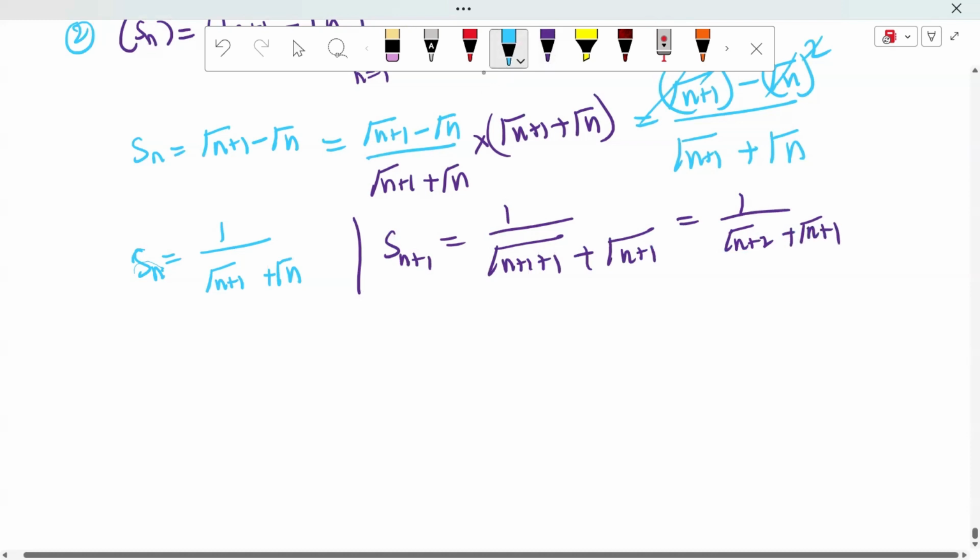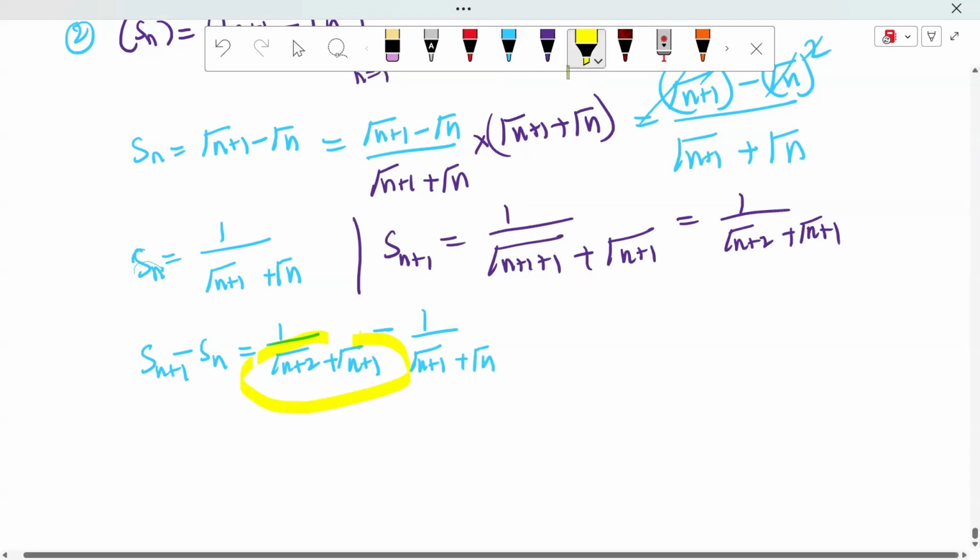So here Sn plus 1 minus Sn is equal to 1 by under root n plus 2 plus under root n plus 1, minus 1 by under root n plus 1 plus root n. These are different numbers, so the LCM is the product of these different numbers.